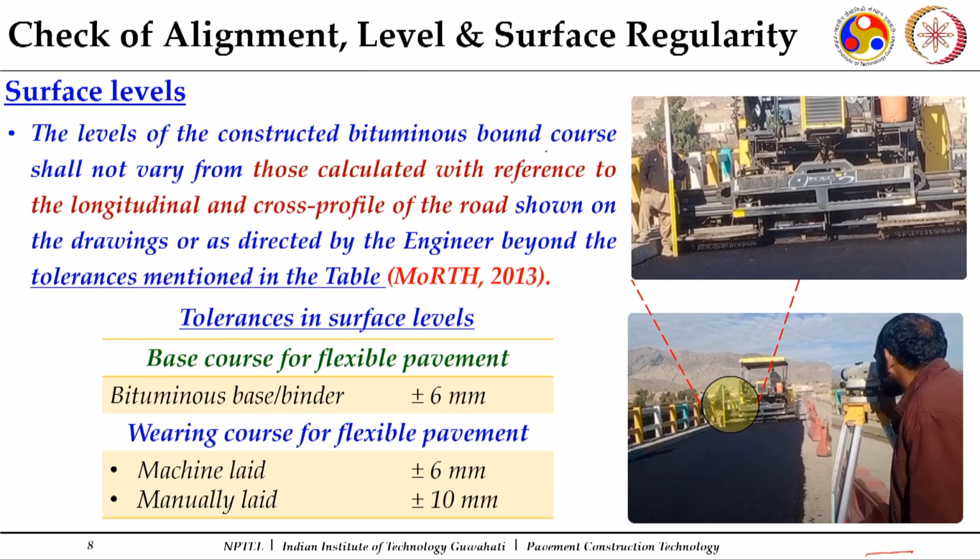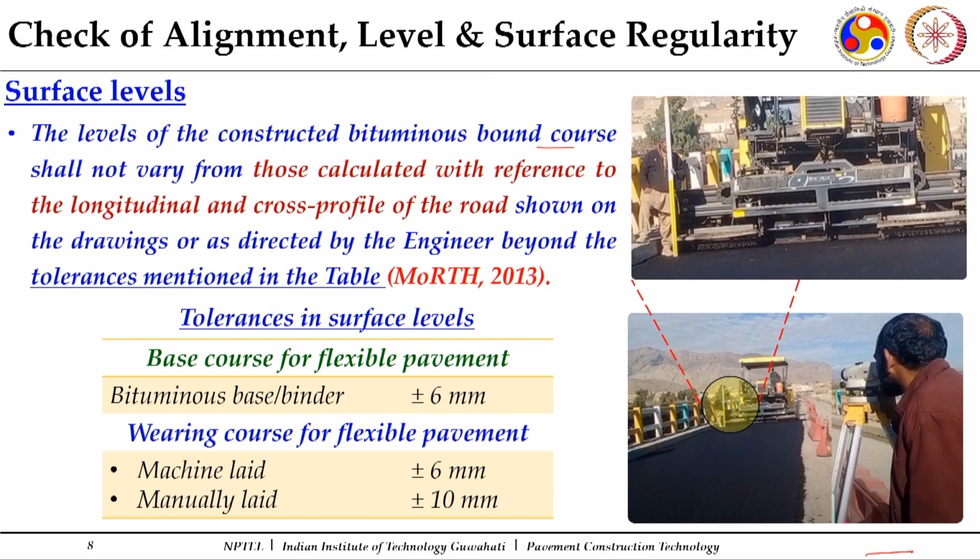So the levels of the constructed bituminous bound course shall not vary from those calculated with reference to the longitudinal and cross profile. As I mentioned, once you have the top surface levels for your center line, you can work out what should be there for any layer, at any part, at any width.